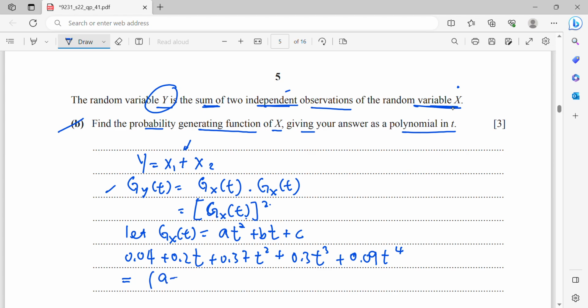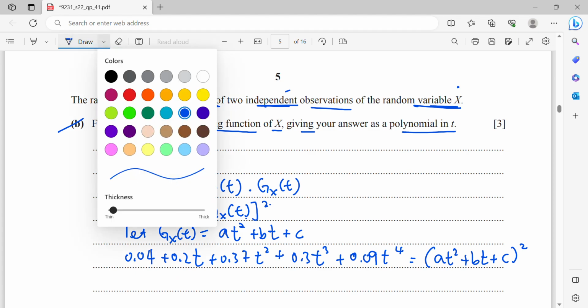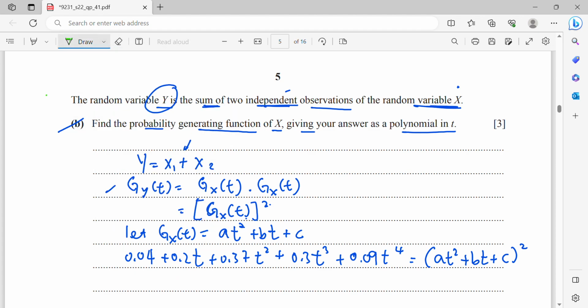Right, so I will write here, equals to (at squared plus bt plus c) squared. Okay, so now when I need to do expansion for these three terms, right, I will group them into two terms.